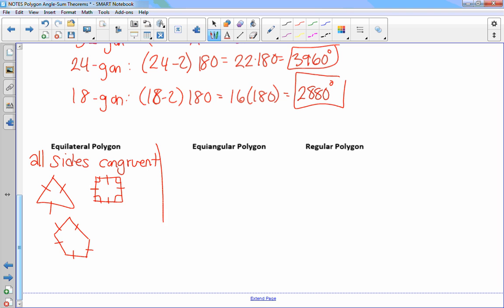What does equiangular mean? All angles are equal, congruent. Do we have a three-sided polygon that has all angles congruent? What is it, Raji?